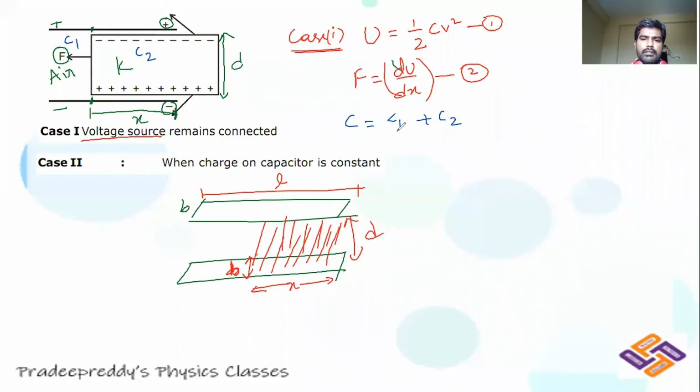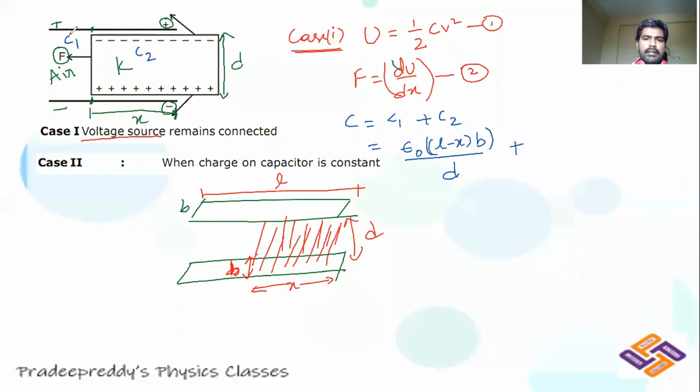Now C1 can be written as epsilon naught A, where A is the area of the cross section. The area of the cross section I can write as length into breadth, right? So it is (L minus x) into B, divided by the separation between the plates, D. That is the formula for a parallel plate capacitor.